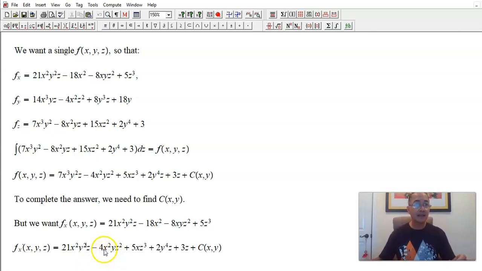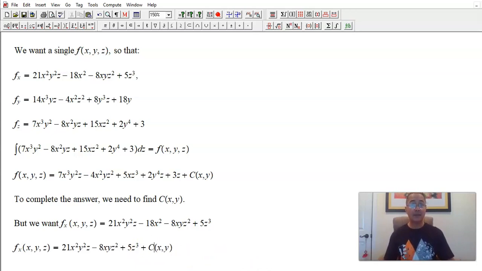I see an x there, so I have a minus 8. Drop the 2, decrease by 1, so it's minus 8 x y z squared. I see an x here, power 1, so that just goes away. Check it out, there is no x here, so that goes away. And there's no x there, so that goes away.